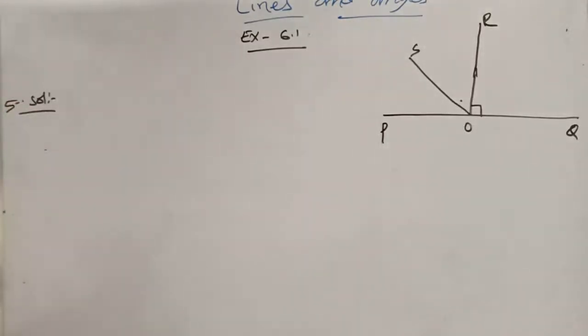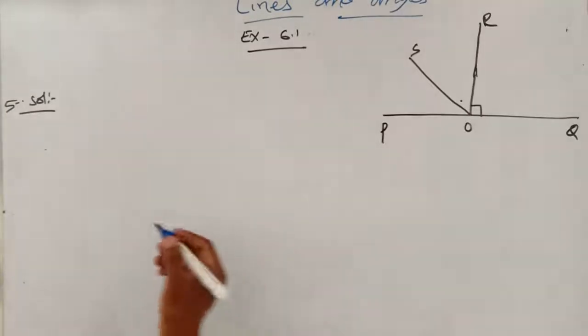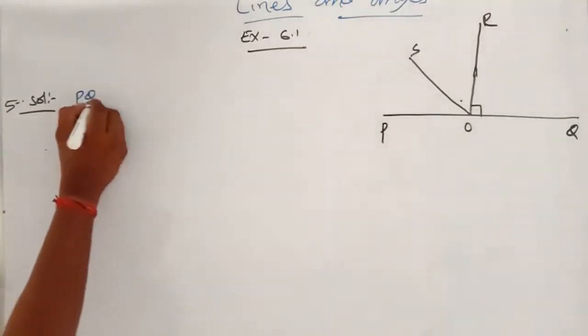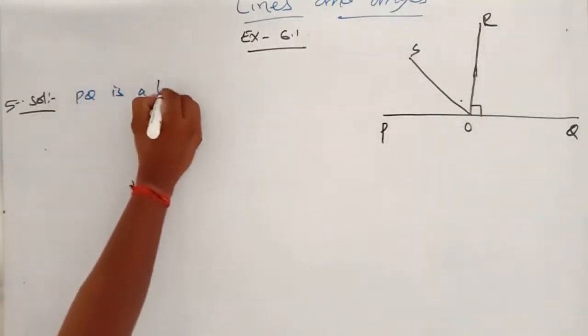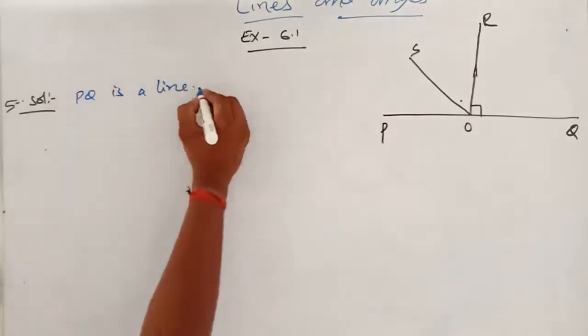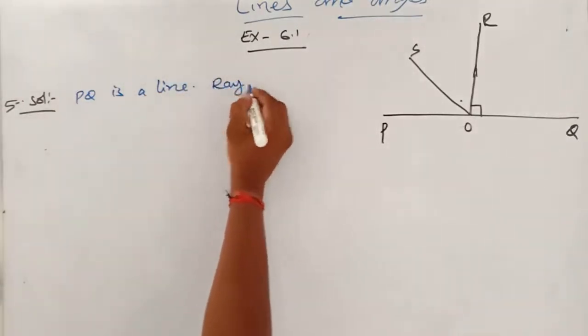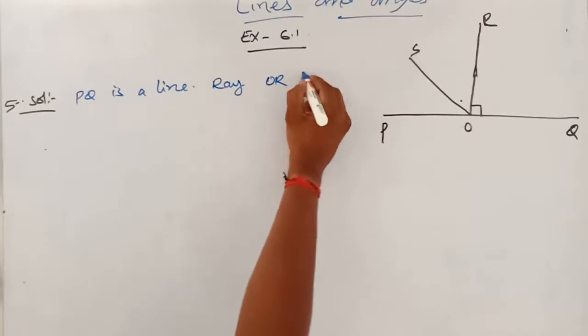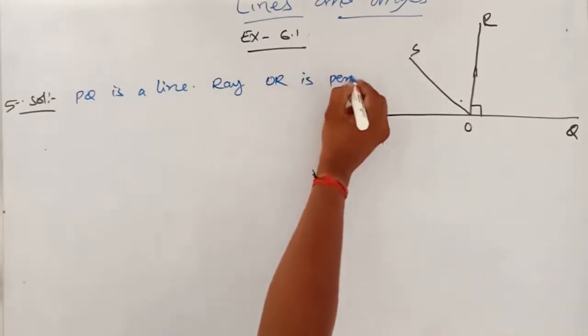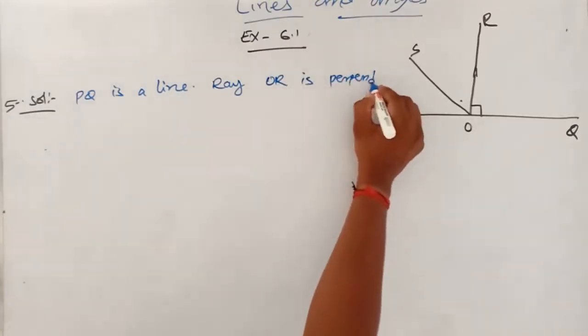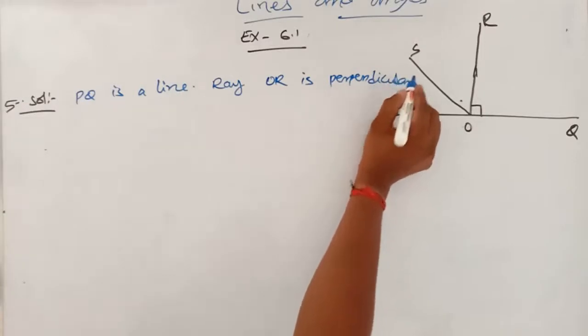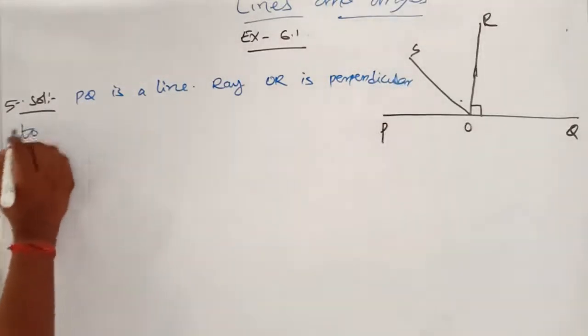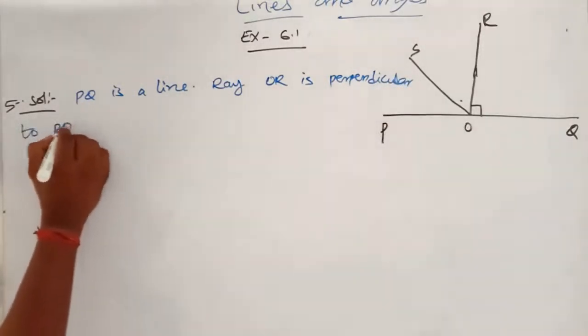So first, clearly given POQ is a straight line. That means PQ is a line. Ray OR is perpendicular to PQ.